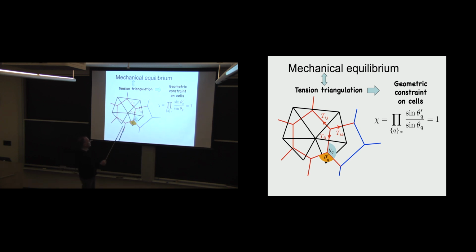In order for the triangulation, this dual triangulation, to close, there has to be one particular constraint on the angles defined by these vertices. And it looks pretty crazy. You have to look at these angles here, take ratios of sines, multiply these ratios around the plaquette, and the product is equal to 1.